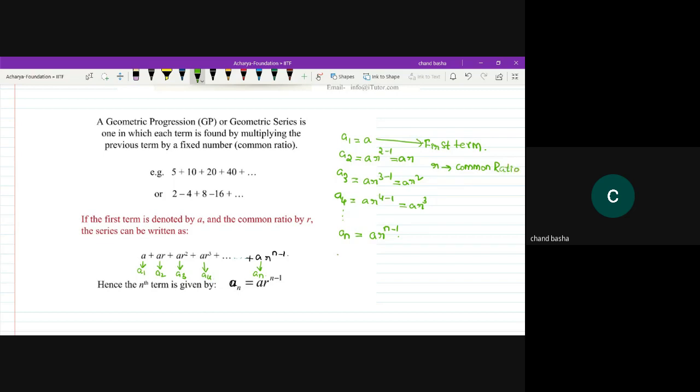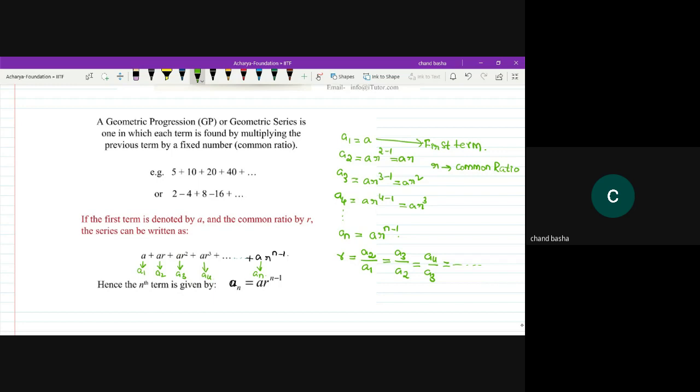What is R and how can we find the R value? Instead of the difference, we take the ratio: second term upon the first term, third term upon the second term, or fourth term upon the third term, and so on. Hope you can understand the first term and the common ratio.